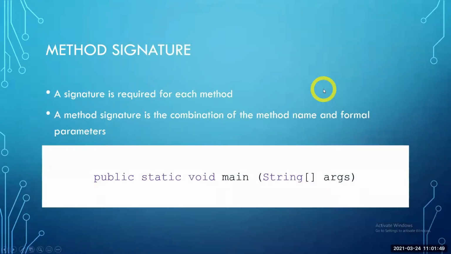So we're talking about method signatures and methods. If you remember, methods are really good for organizing our code. Methods are something we've been using throughout the entire duration of this course. I just hadn't identified them as methods. The main method is one that we've been using this entire time.